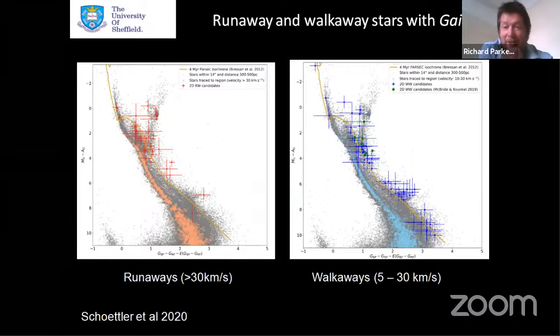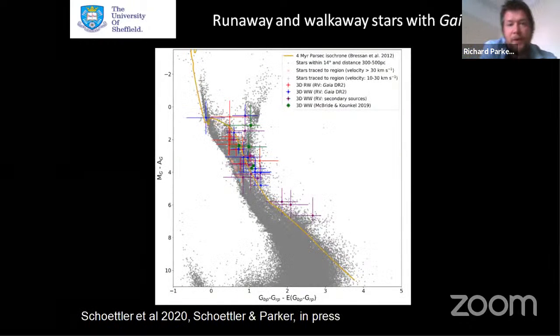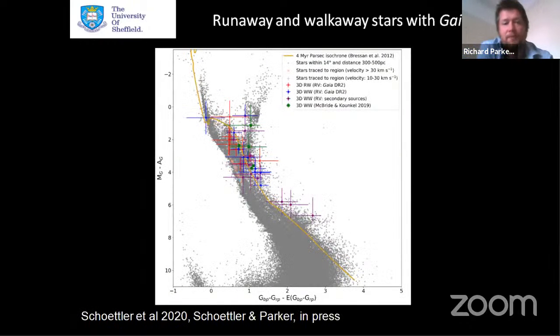Dynamical interactions produce more slow-moving or moderate velocity stars than fast-moving stars. And if you then fold in extra information, for some of these stars we actually have radial velocity information as well.